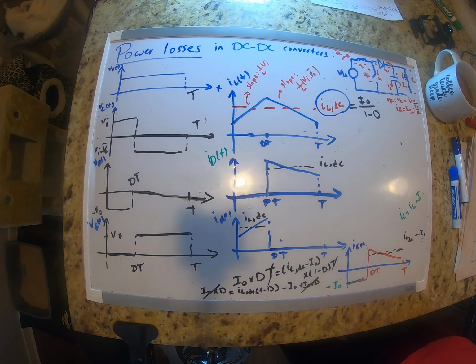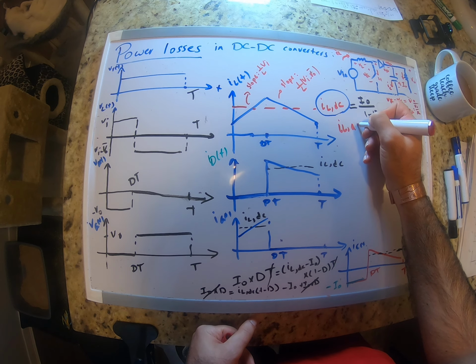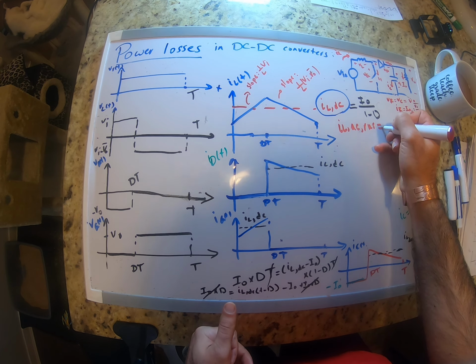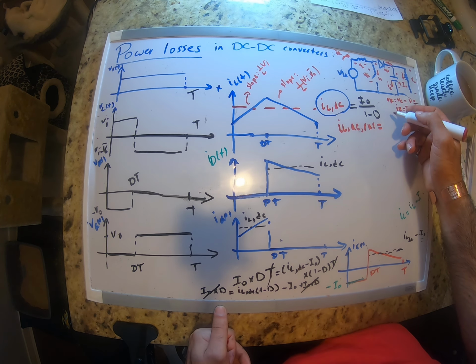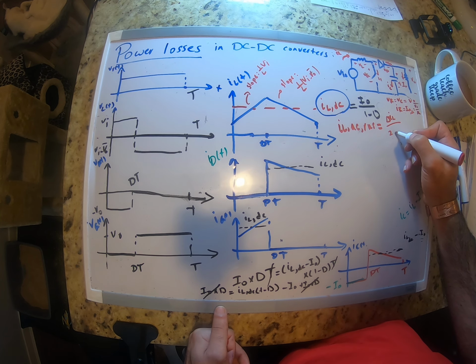Okay. Let's continue with the calculation. ILAC RMS is the same as how we calculated it for the buck converter, so it's going to be delta IL divided by 2 root 3.